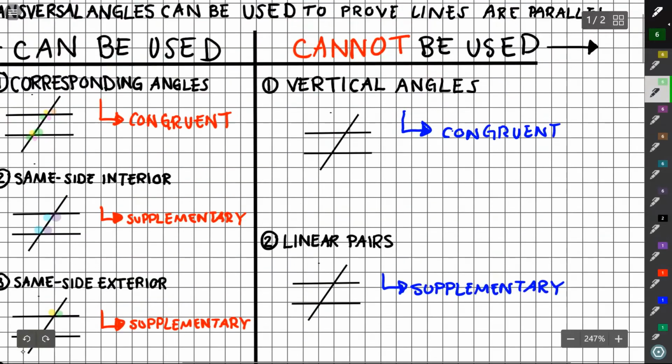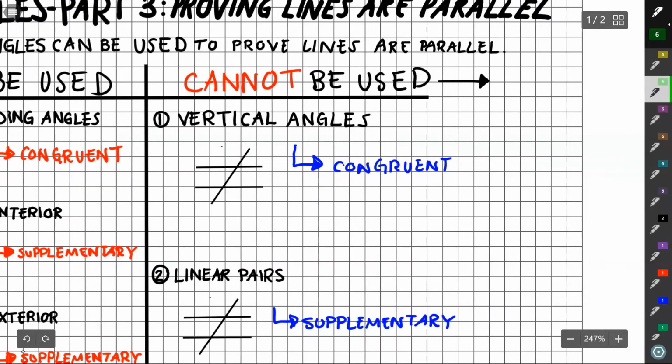Alright, so there are two angle pairs that we cannot use. Alright, and we can't use these because the properties are true even when the angles are formed without parallel lines.